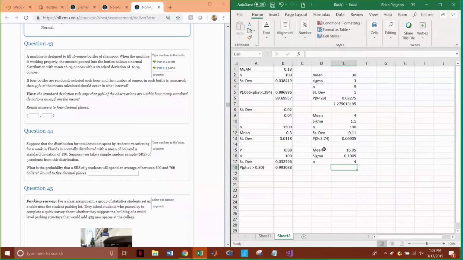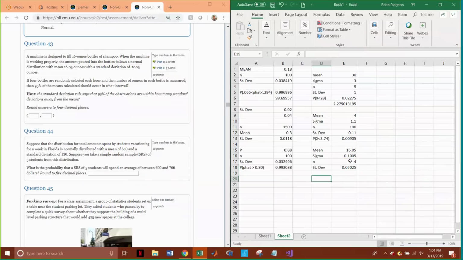There's a hint for this question. It says the standard deviation rule says that 95% of the observations are within how many standard deviations away from the mean. So we actually need to first calculate the standard deviation of the sampling distribution. We need to do sigma divided by the square root of n.